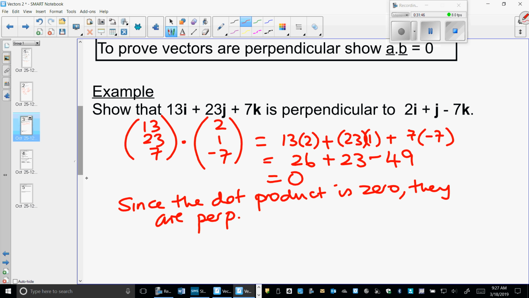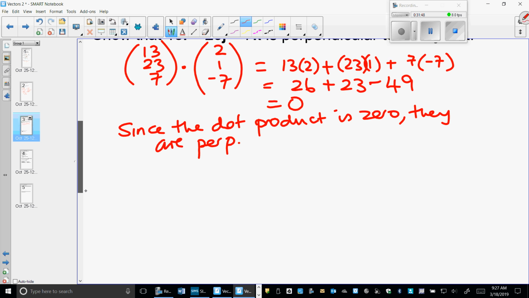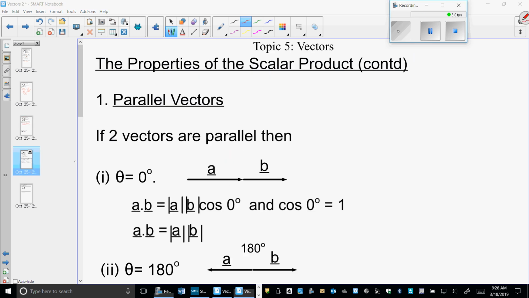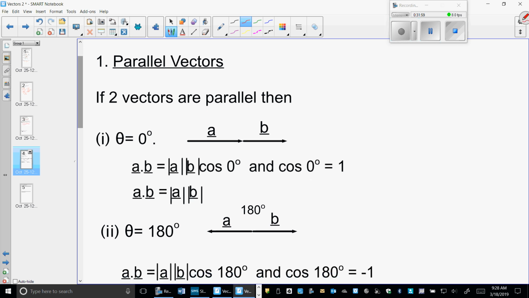So that is a common type of question. Most of the time they talk about perpendicular, but they might talk about parallel. If they are parallel, then we know that the angle between them is either 0 or 180.